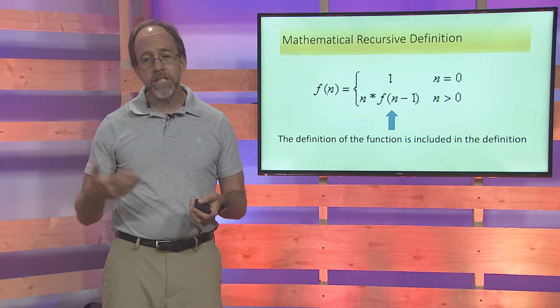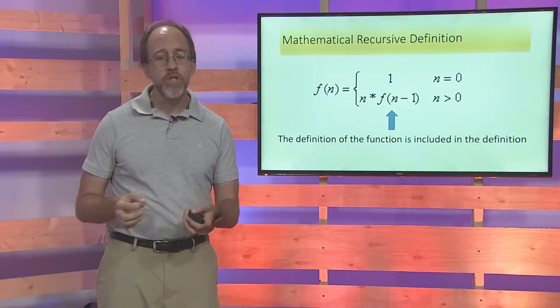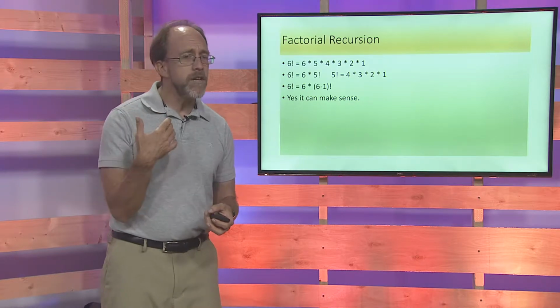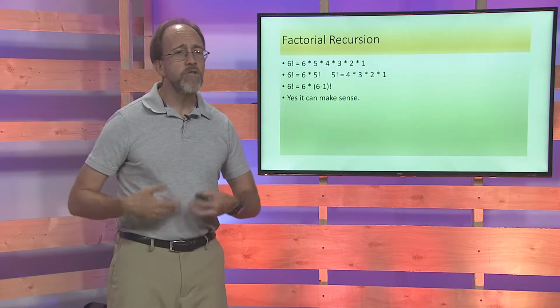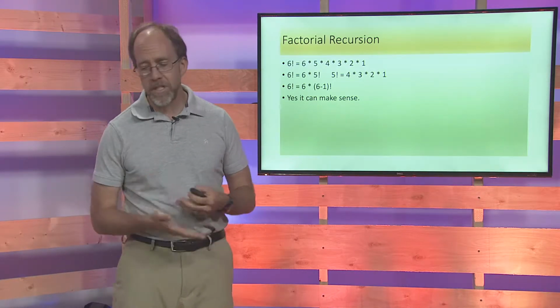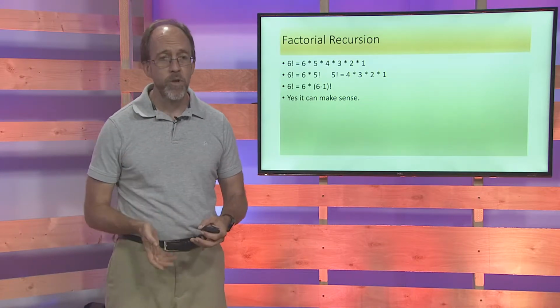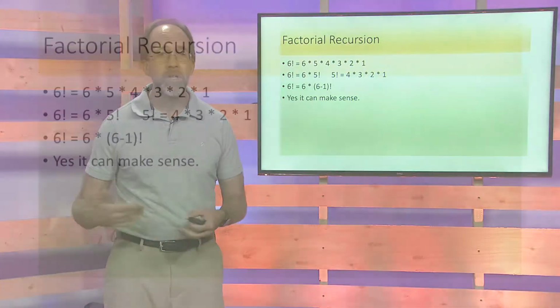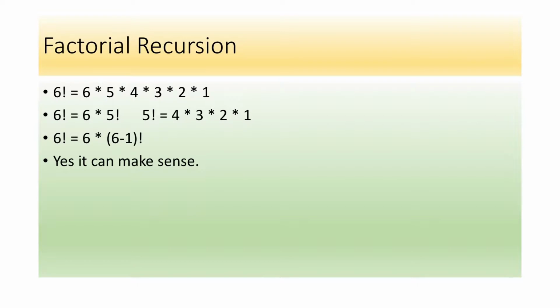What do we mean by that? Let's think about this definition and let's use it. If I were trying to do 6 factorial, if you know your mathematics, you know that 6 factorial is 6 times 5 times 4 times 3 times 2. You don't need to do times 1 because it really doesn't matter. But 6 factorial is equal to 6 times 5 factorial.